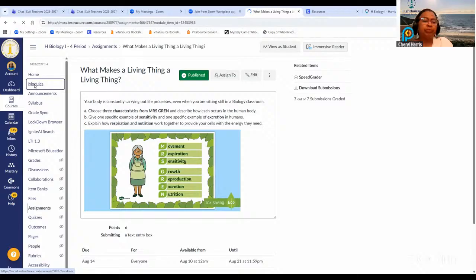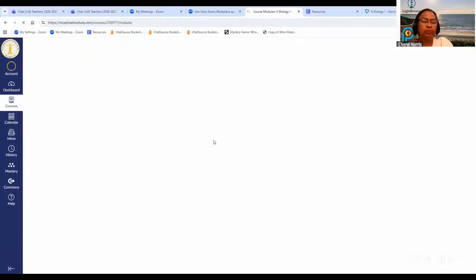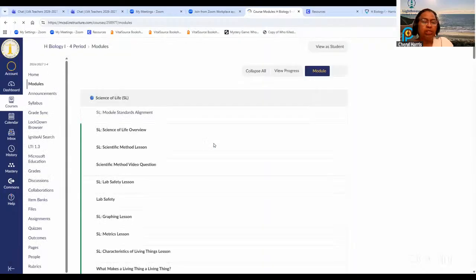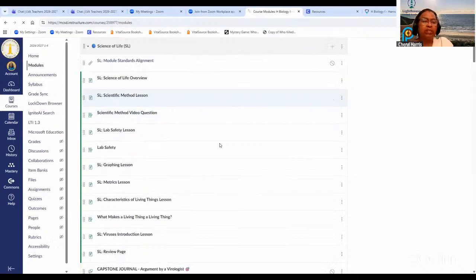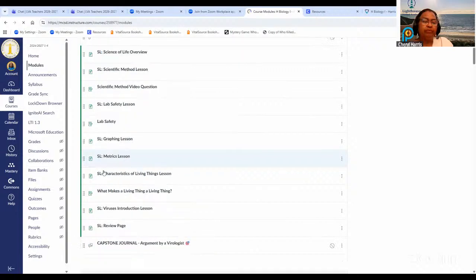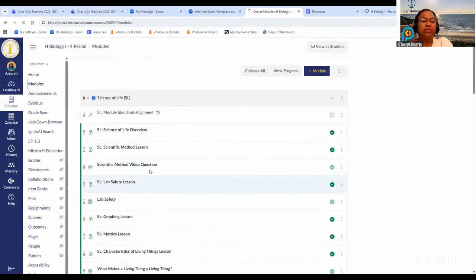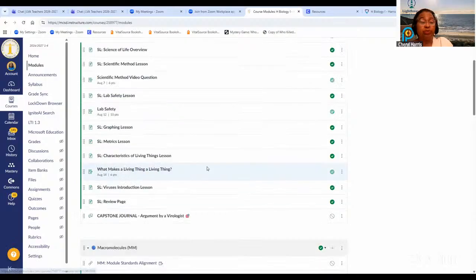So I'm going to come out and show you where that was in case you need to locate it. It is in the first section on science life, and it was your science assignment, what makes a living thing a living thing. So that's where you'll find Ms. Gren.